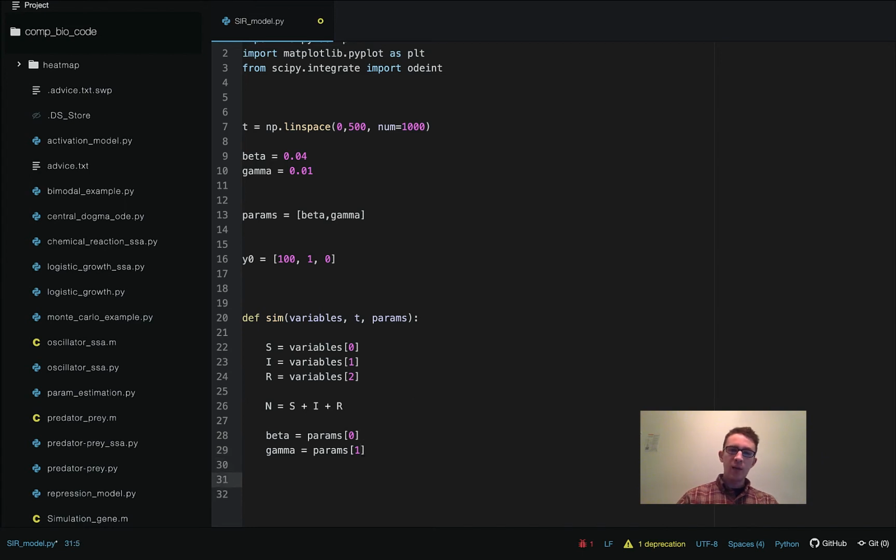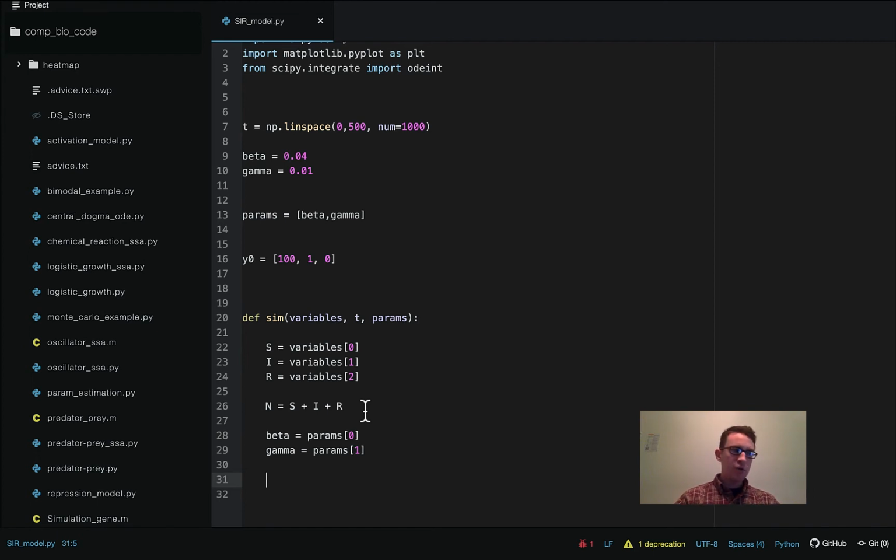The reason I'm doing that is that if you want to do a bunch of simulations with different predefined parameter values, and you want to vary them, it'll make sense to be able to pass them in as an argument into this function here. But for now, just trust me on this.